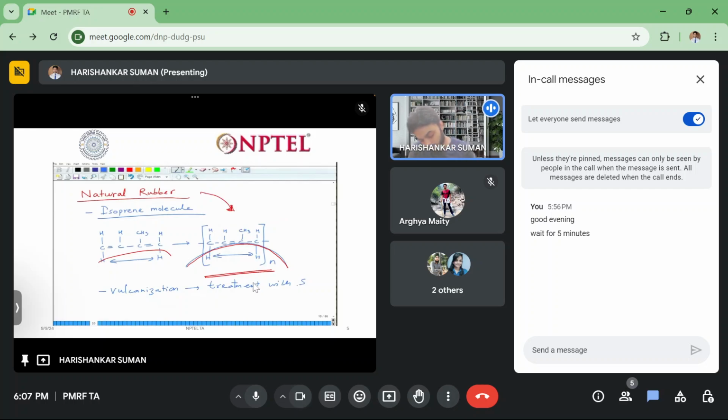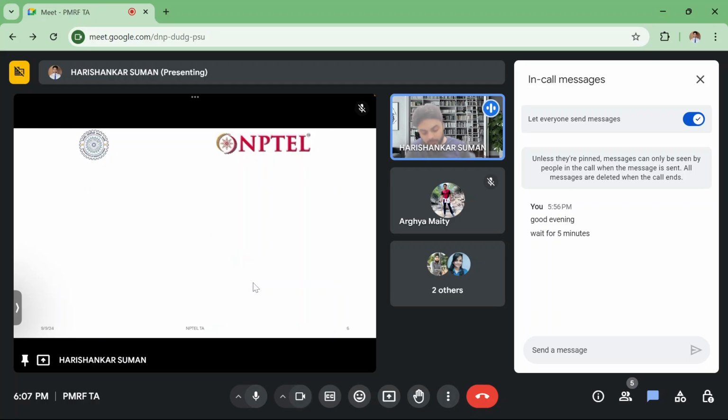For natural rubber, if we do vulcanization treatment with this, then what happens? We will discuss in the next question.